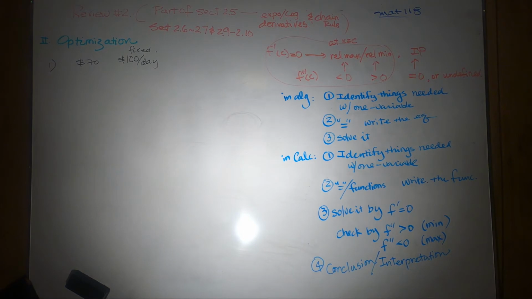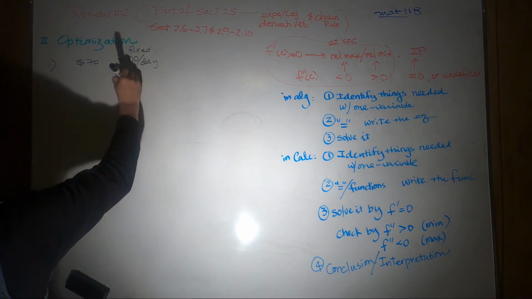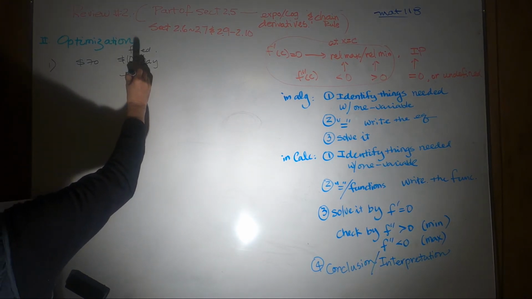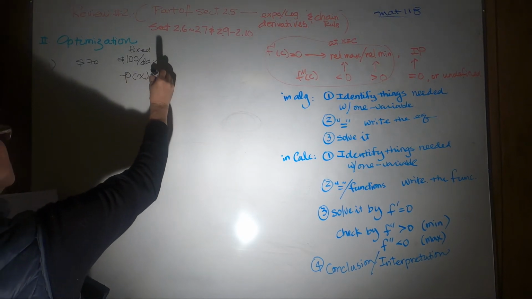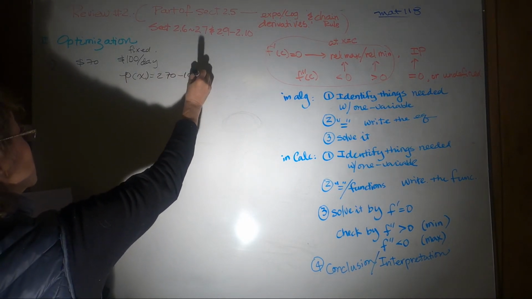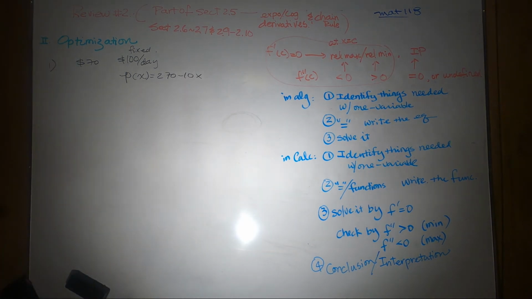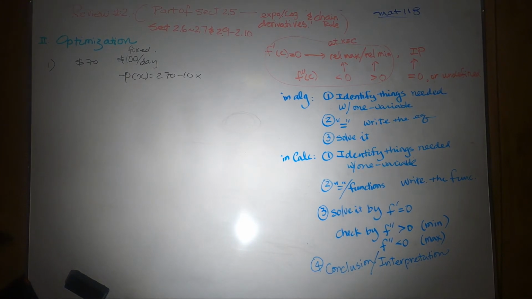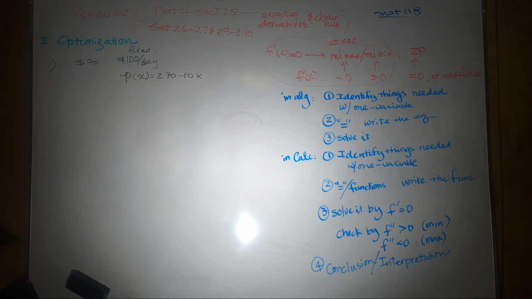Okay? P is the price, so the function is price in dollars, 270 minus 10x, at which exactly x bicycles will be sold. Find the quantity City Cycles should produce and the price it should charge to maximize profit, and find the maximum profit, right?